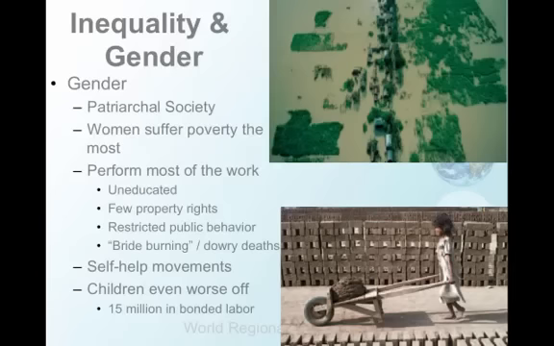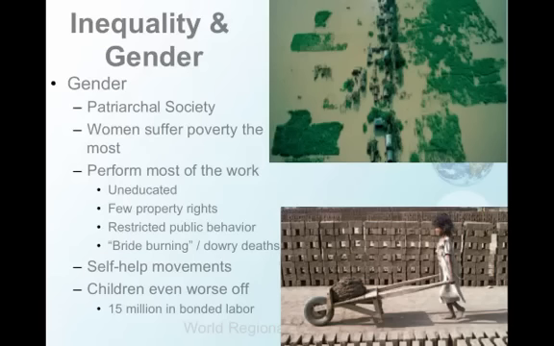And in India, unfortunately, among other places, we see what is known as bride burning or dowry deaths: when the family of the bride is unable to pay a certain dowry, sometimes the woman will be abused and, in worst case scenarios, killed. You do have an increase in the number of self-help movements, and we'll talk about that in a second, occurring throughout the region.